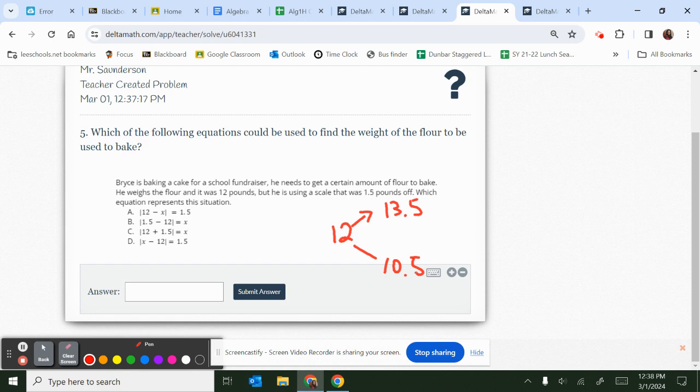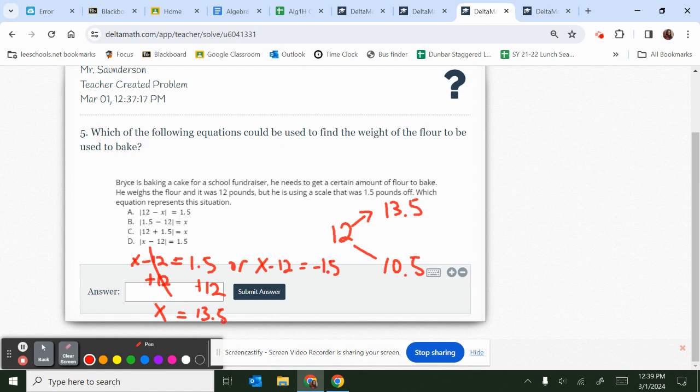All right. So let's start from the bottom, work our way up. Okay. So if I apply the absolute value here, I would be saying that x minus 12 could be equal to a positive 1.5, or x minus 12 could be equal to a negative 1.5. Okay. So if I calculate here, I would add 12, okay? That would get canceled, and your x is equal to 1.5 plus 12, which is 13.5, all right?